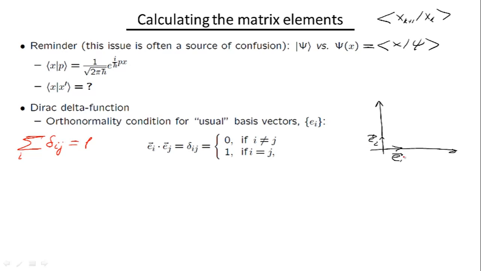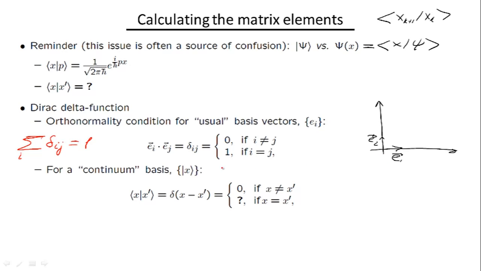Now, the difference between this simplistic picture of the usual basis vectors in the usual linear vector space and the basis vectors in quantum mechanics is that the basis we're dealing with now is a continuum basis. The basis vectors are ket vectors labeled by coordinates, and there are infinitely many coordinates, a continuum space of these coordinates.